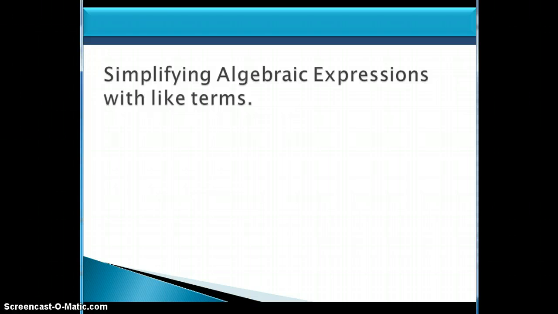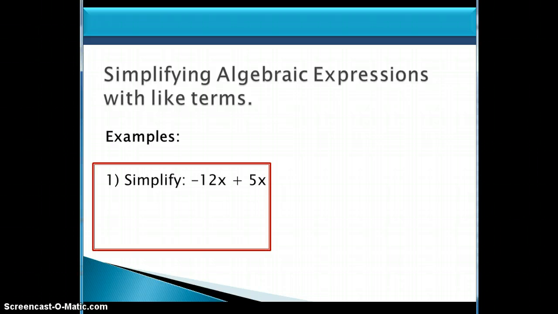Now let's use what we just learned to simplify some algebraic expressions with like terms. So for example, we want to first simplify -12x plus 5x. So remember, to do this, what you want to do is take the coefficients, which are the numbers in front of those x's, and perform the addition between those two numbers.